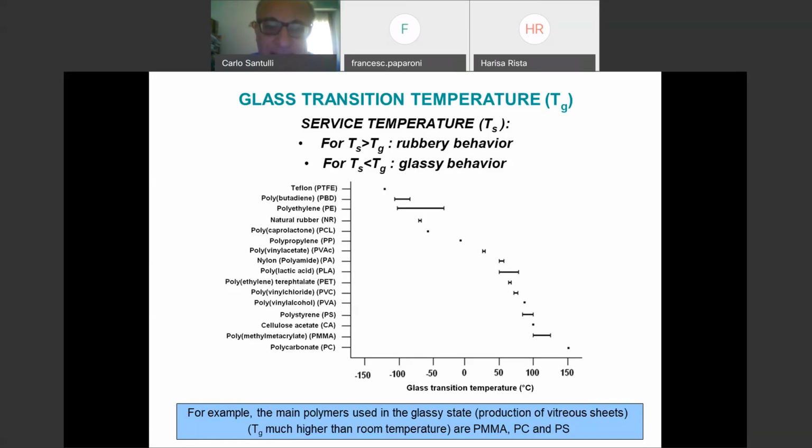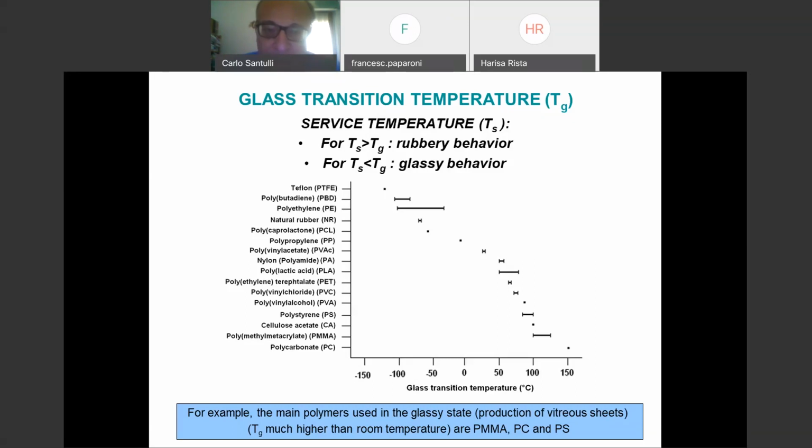We can easily say that if service temperature is higher than glass transition temperature, that means that we use the polymers in a rubbery state. That means that they are considerably elongable, and they tend to be not rigid, not stiff enough, if you want. And therefore we have basically two categories.